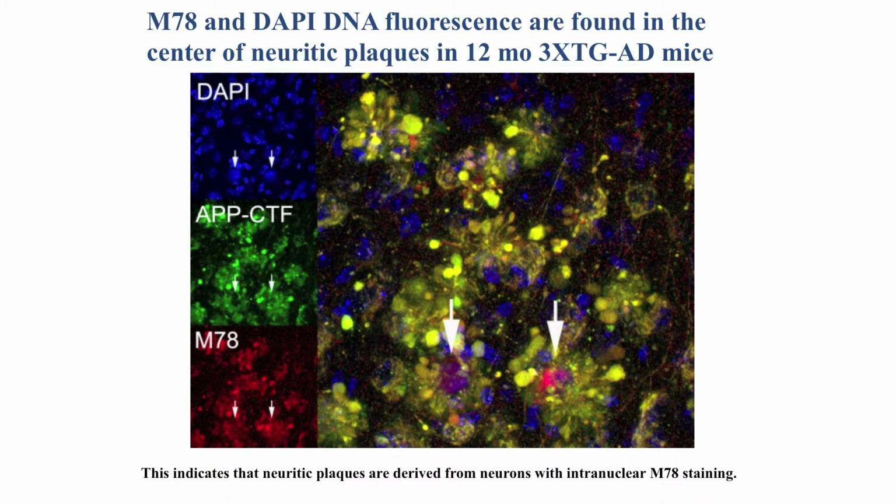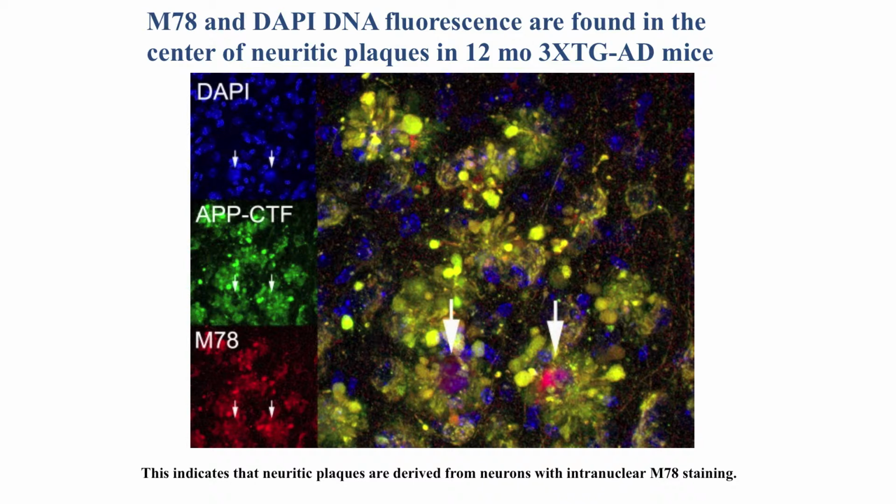And you see the exact same spatial relationship of the nuclear amyloid staining in red, which is co-localized with the DNA, this diffuse DNA staining, and it's surrounded by the amyloid precursor protein carboxy terminus. So this shows that those neurons that had that nuclear amyloid and were surrounded by APP and misfolded APP then have the same kind of spatial orientation in the dystrophic neurites around the plaque.